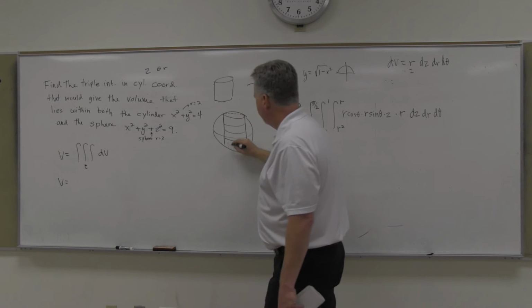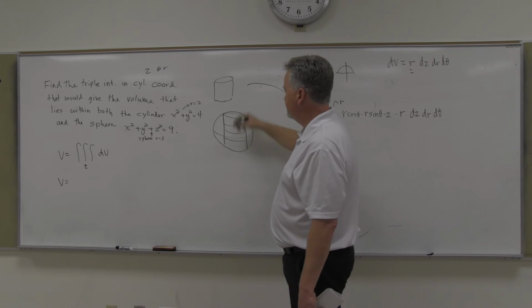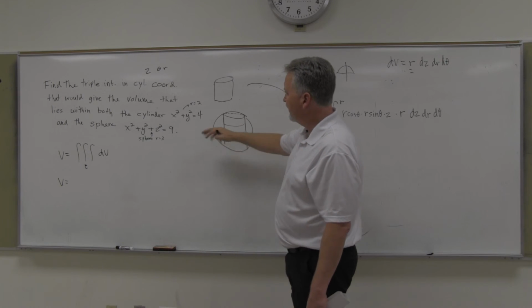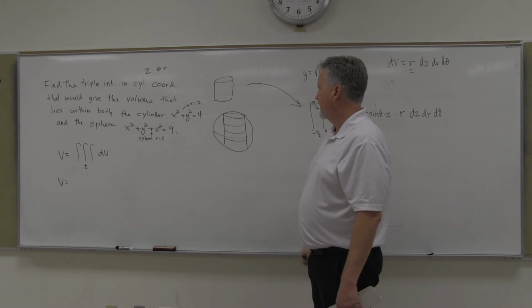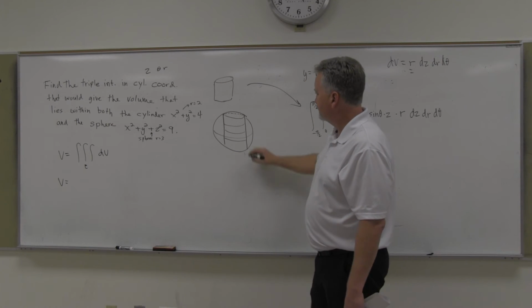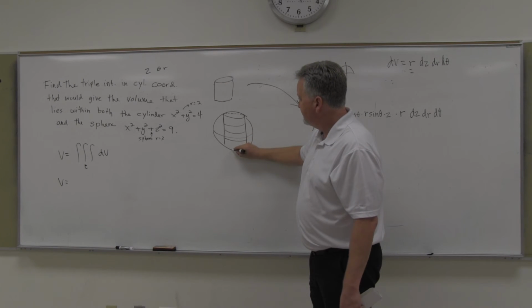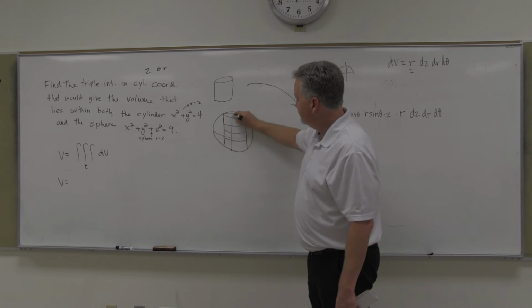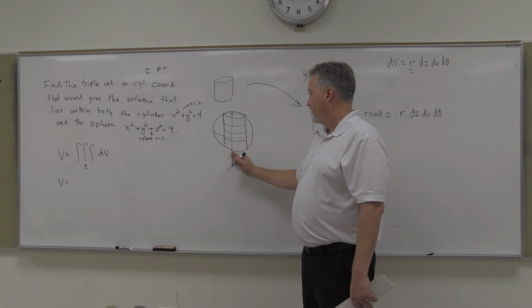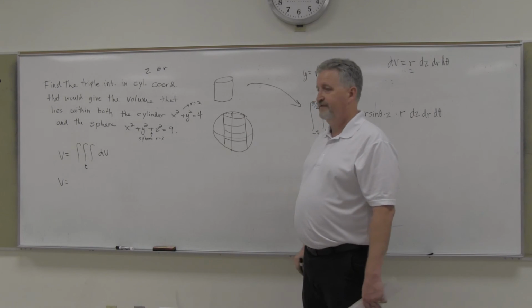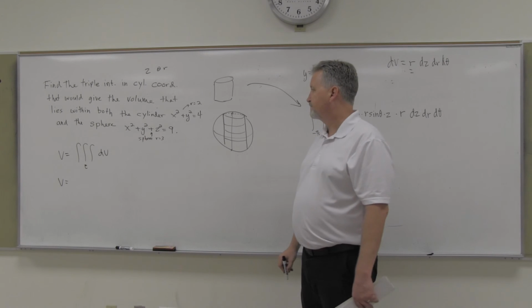The good news is, the cylinder is just vertical, kind of parallel to the z axis. If you'll notice, the z's actually just go from the bottom of the sphere to the top of the sphere.